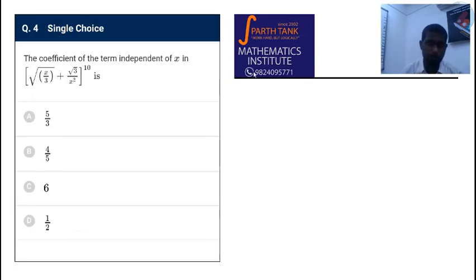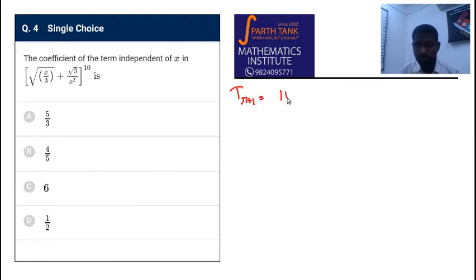Question number 4, a binomial theorem based question. The coefficient of the term independent of x, the constant term, in (square root of x by 3 plus square root of 3 by x squared) the whole raised to 10. Now let us write the general term.